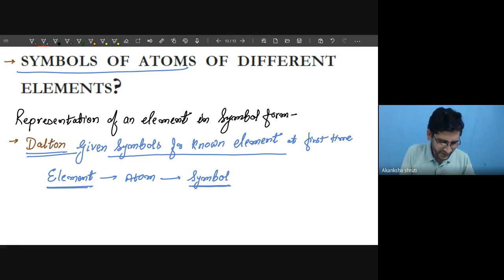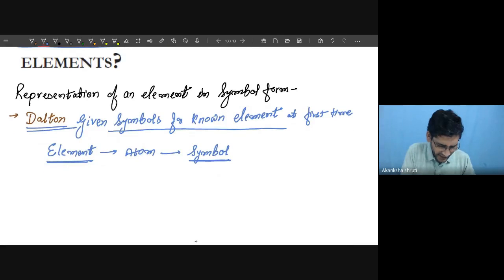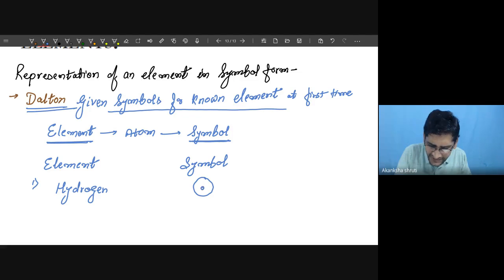So students, what Dalton proposed for known elements like hydrogen: how was the representation? Let me represent. The element hydrogen was represented by a circle, and at the center of that circle a dot or thick dot.